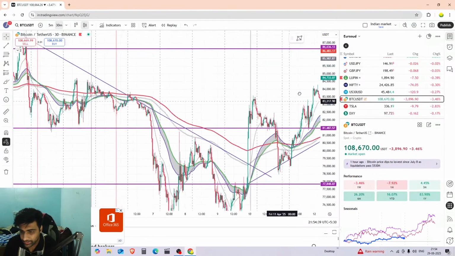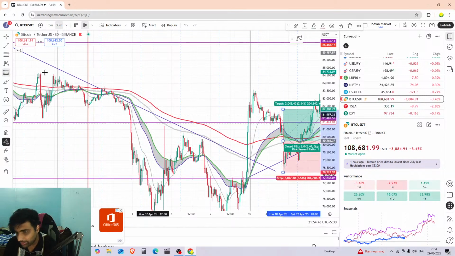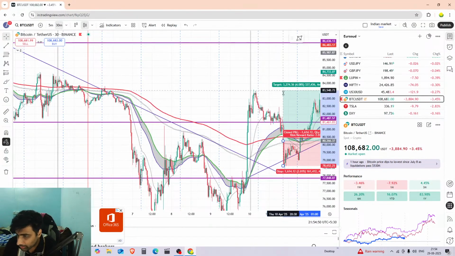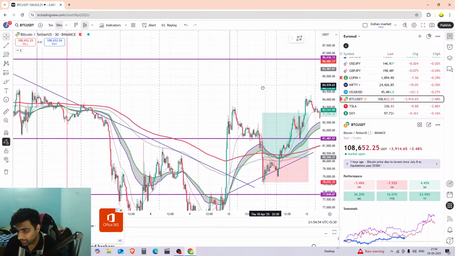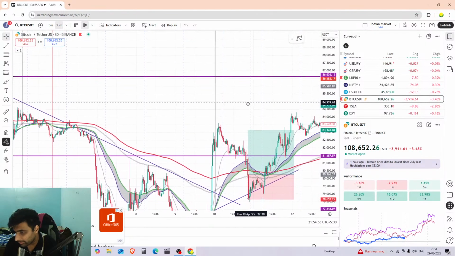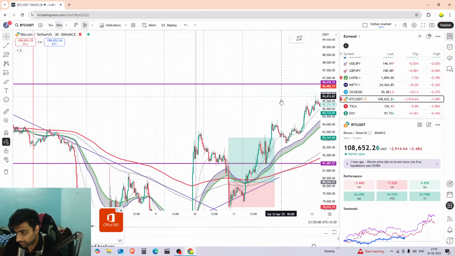You can see that there was again a double bottom setup right here, so you can go long right here, but according to my strategy it's okay to wait. If you're an experienced trader, you can go long here, not an issue. But if you want to wait, you can wait. Waiting is always an option.